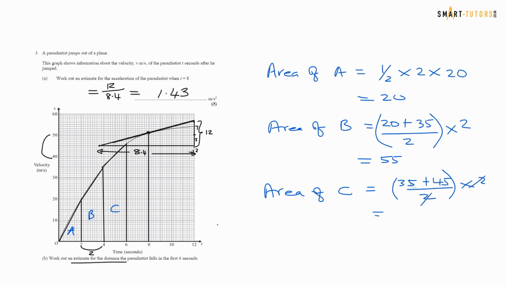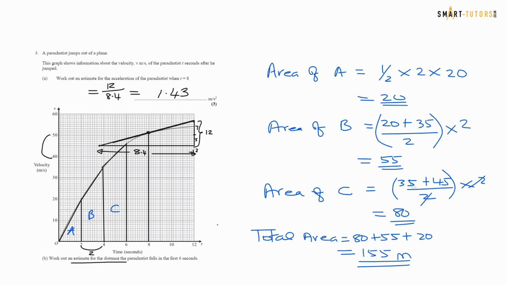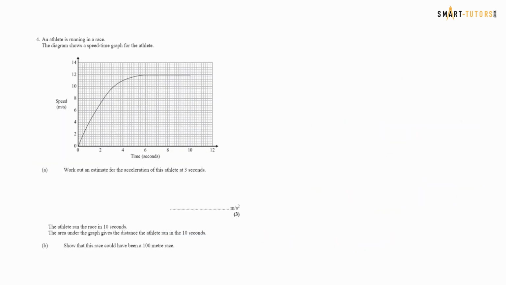So 35 plus 45 is 80, so 80, 55 and 20. The total area is 80 plus 55 plus 20, so 155 meters is the distance it traveled within the first 6 seconds.